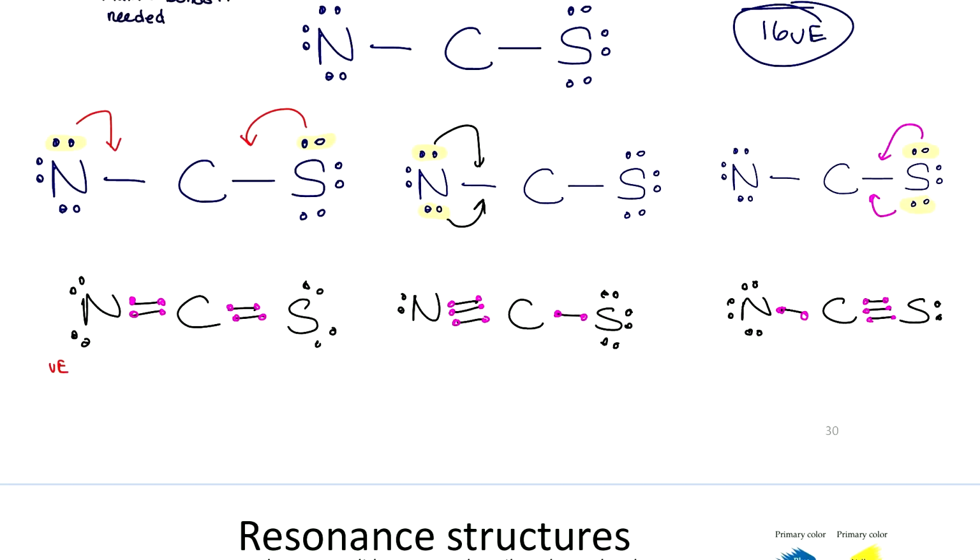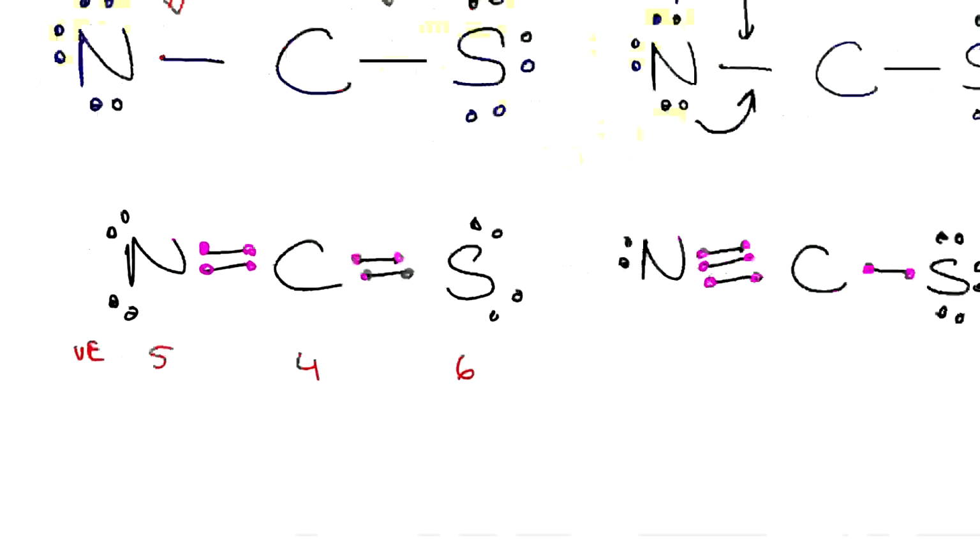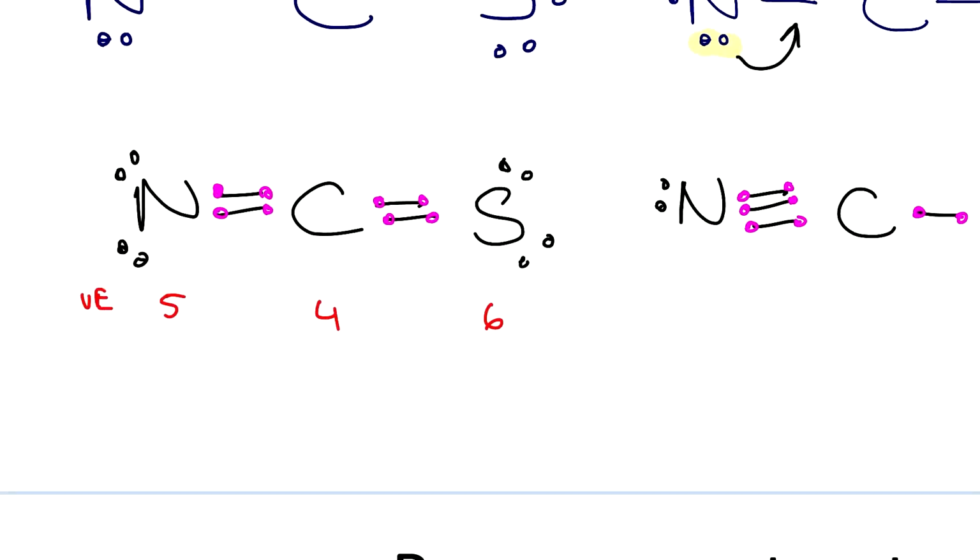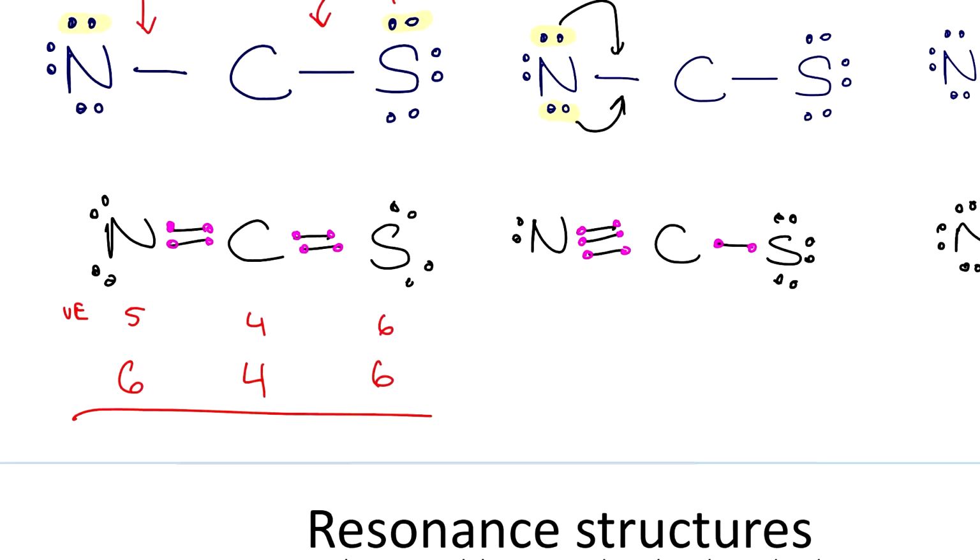So nitrogen has 5, carbon has 4, sulfur has 6. So how many electrons are assigned to that nitrogen atom? 6, carbon has 4, sulfur has 6, perfect. Right, so it looks like our formal charges are -1, 0, 0.